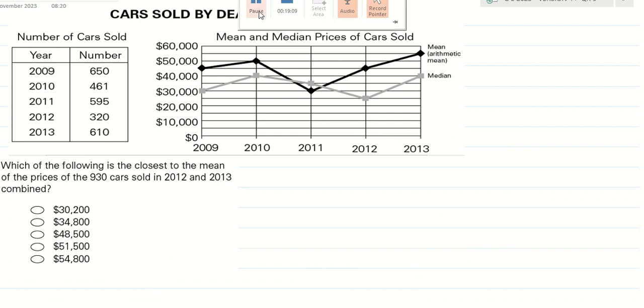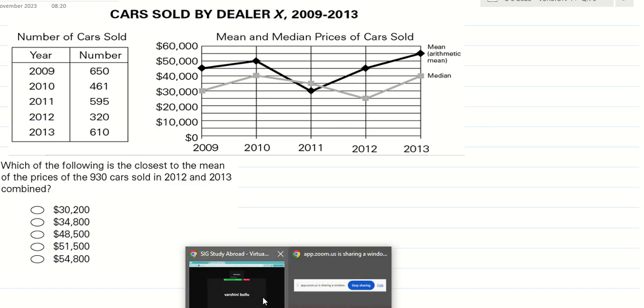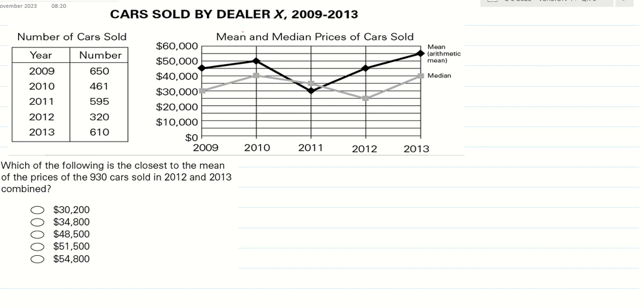Try yourself first. If you look at the question, which of the following is the closest to the mean of the price of 930 cars? 930 cars means what? All together, no? 930 cars means what?